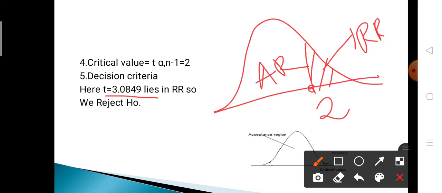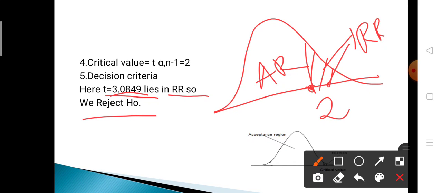Now this t, that is the test statistic value 3.0849, lies in which region? 3.0849 is greater than 2, that is, it lies here in the rejection region, so we reject H0.